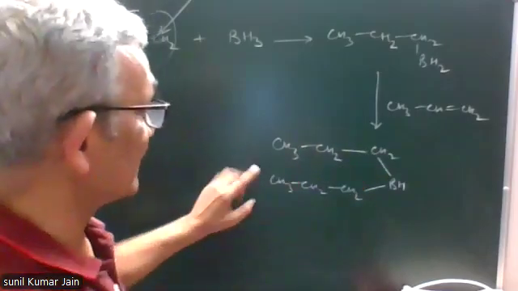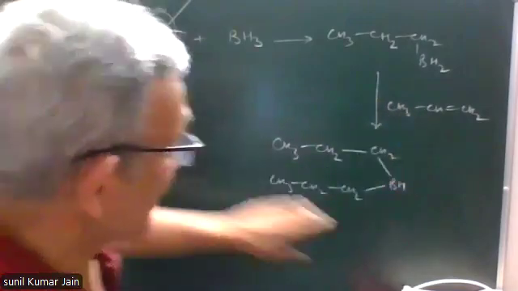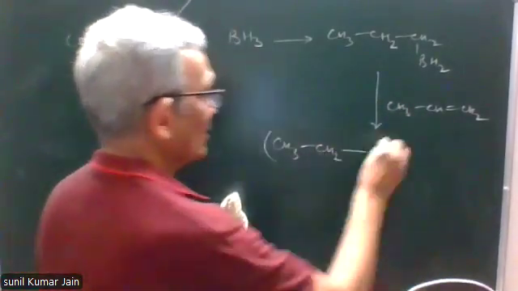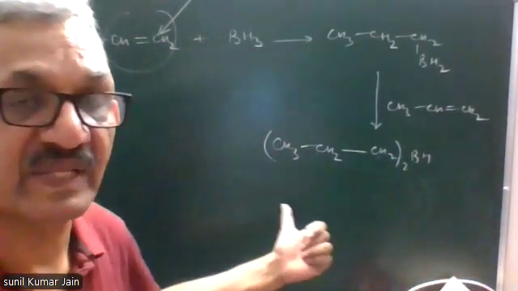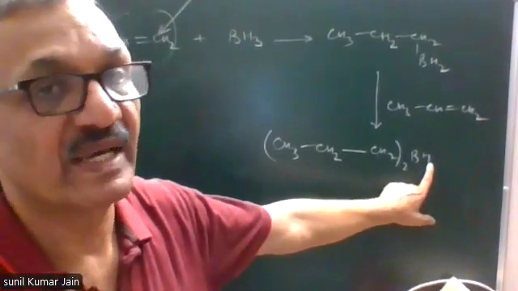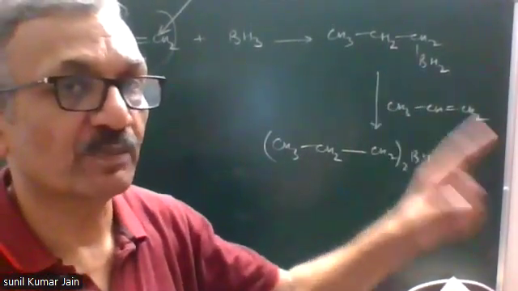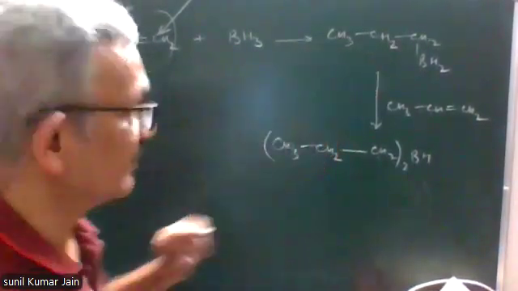These two alkyl chains are the same, so I can write it like this, twice, BH. This will further react with alkene, and this third hydrogen atom will also be replaced by alkyl chain, and we ultimately get trialkyl borane. Now please note down, I'll complete the reaction. Note down everything.